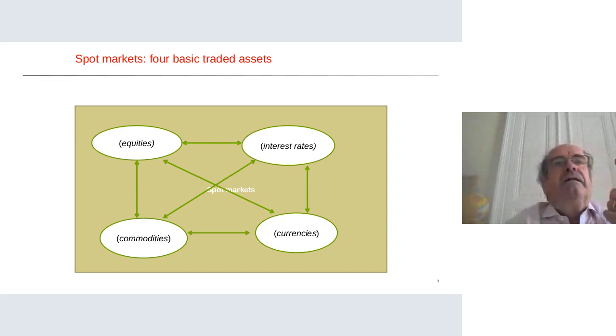Second class of asset, interest rates. You can borrow or lend money at a spot rate. What does that mean? I am a firm, I want to borrow from my bank, and my bank tells me, okay, I make you a rate of, I don't know, 10% over a 10-year horizon.